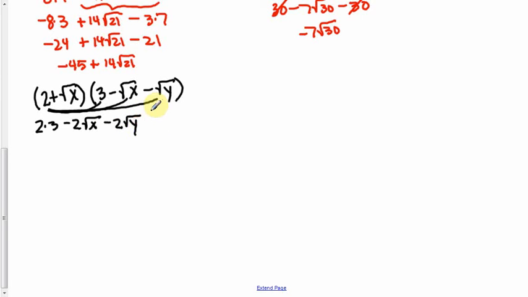And then you do the same with the last term. So positive root x times 3 is plus 3 root x. Positive root x times negative root x is negative square root x to the second, because x times x is x to the second. And then positive root x times negative root y is negative root xy.